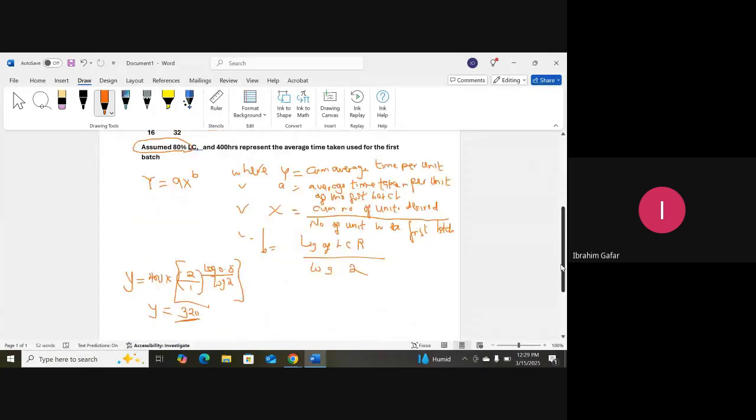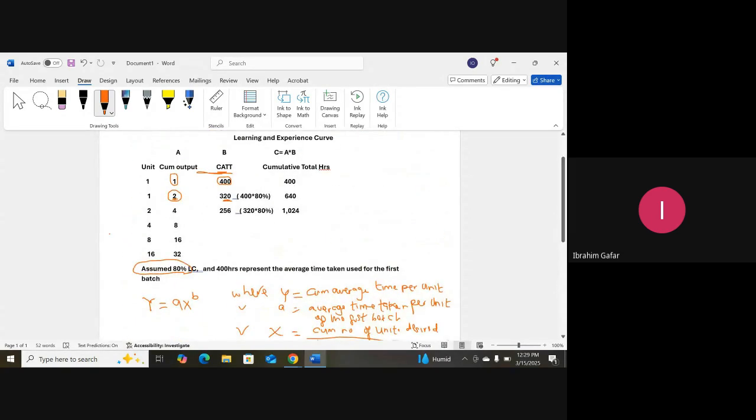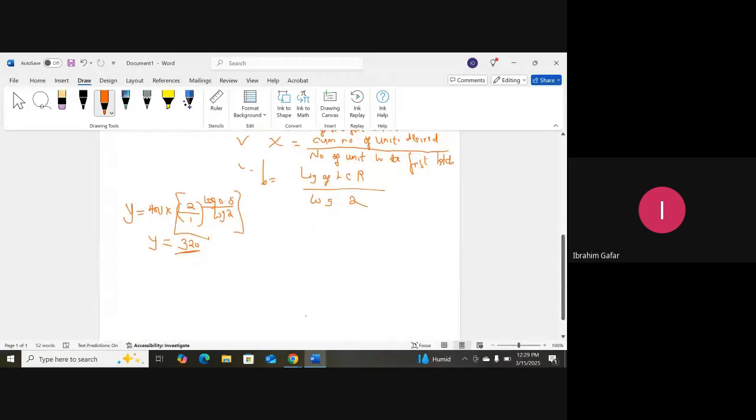So this is your cumulative average time. Let's assume I want a desired cumulative output of 4. Let's do it together. What will I do? Y is equal to what? 400. I said I want everybody to participate. 400, okay?